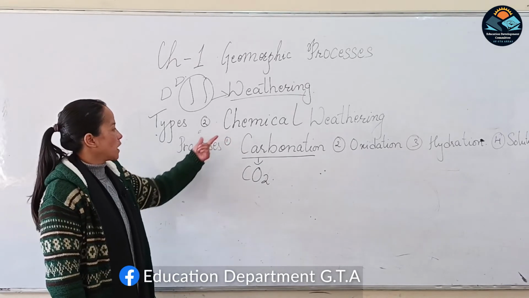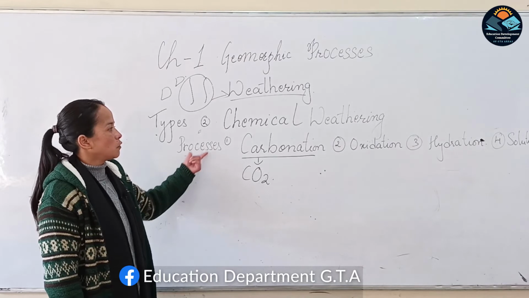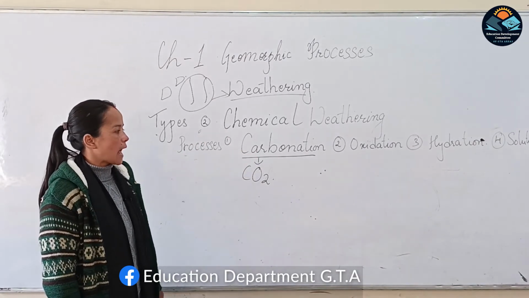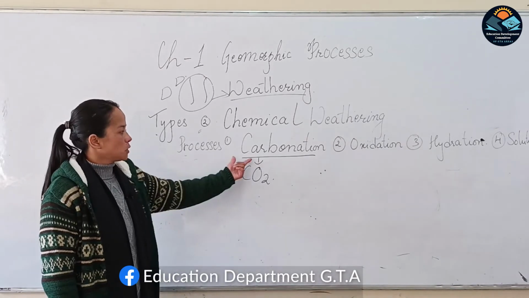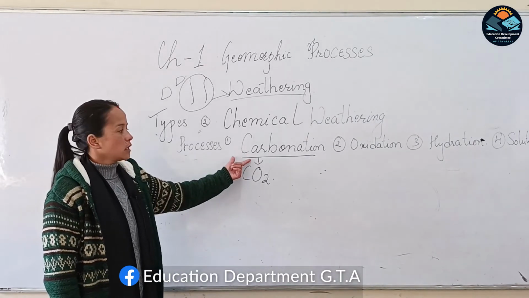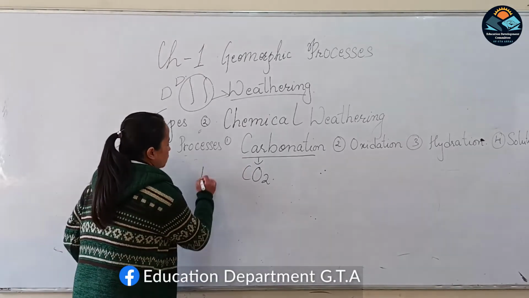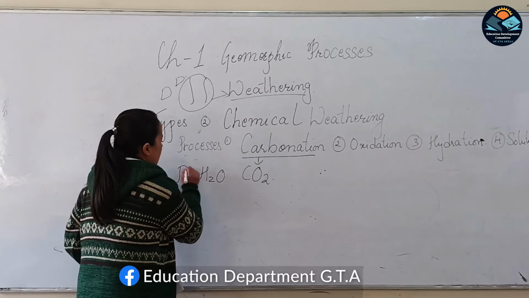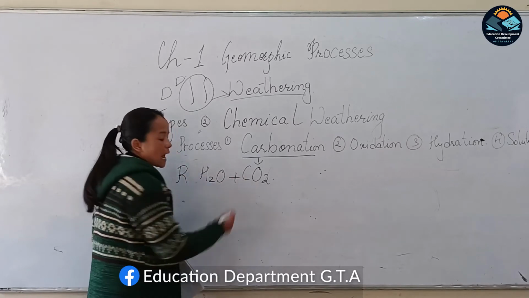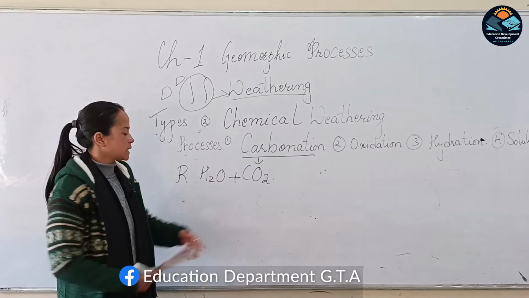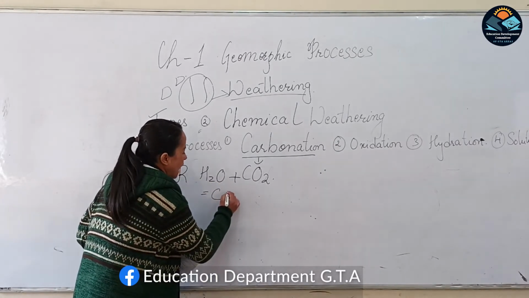The processes involved in chemical weathering are carbonation, oxidation, hydration and solution. First we'll go with carbonation. In this process, the rainwater mixes with carbon dioxide present in the air, and when they mix they form weak carbonic acid.